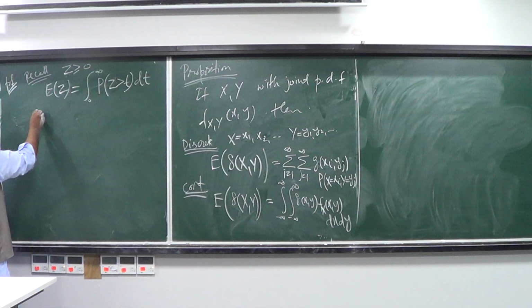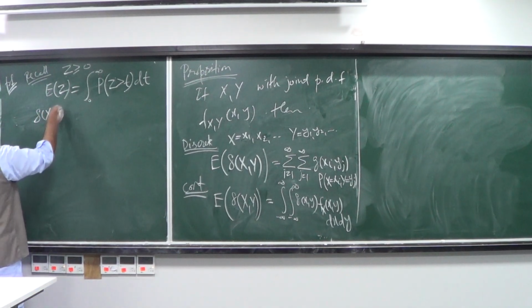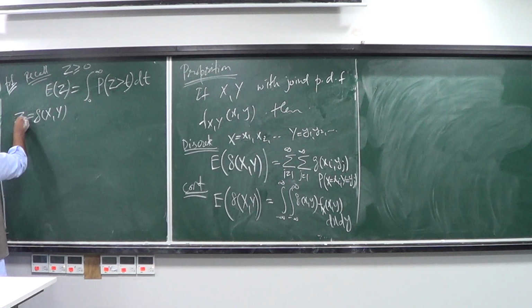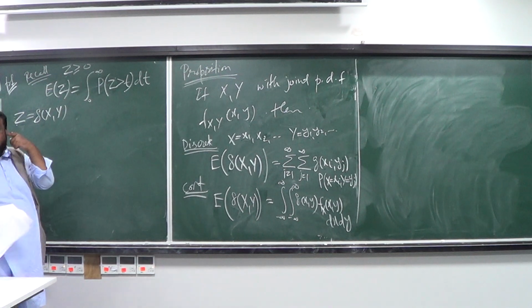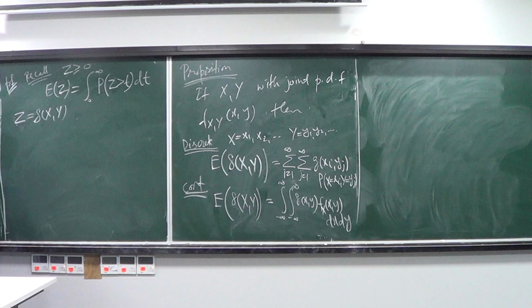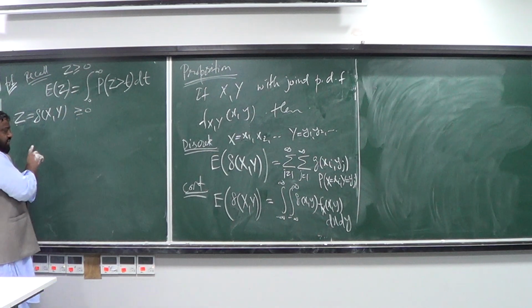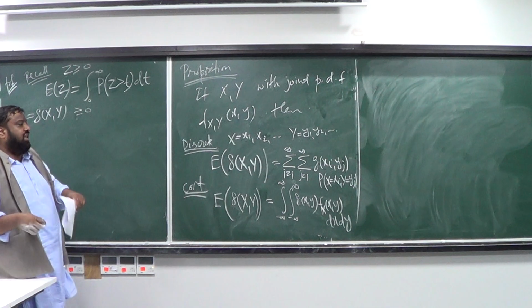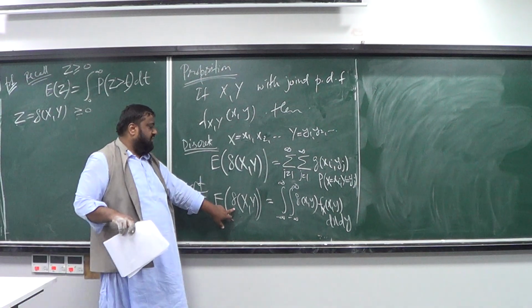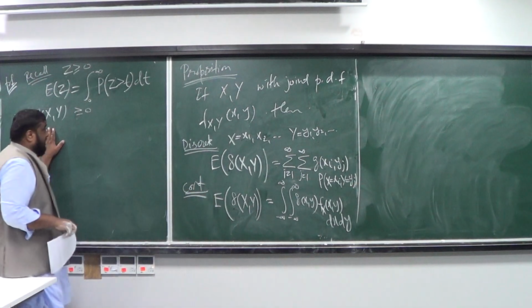Now let's call g of xy to be z. Obviously, we will first prove this result for when g is non-negative.